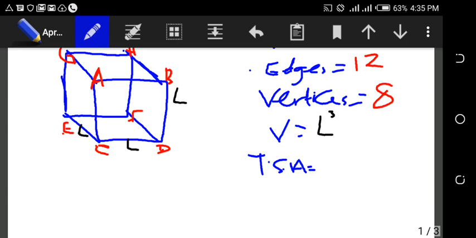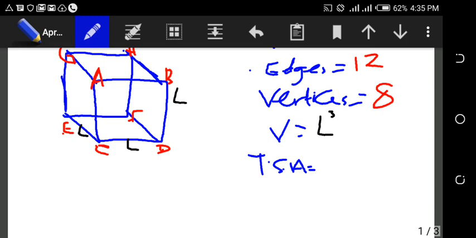Alright, now the next one that we'll consider is the total surface area. The total surface area of any shape is gotten by adding up all the faces, in this case the areas of the flat surfaces around the shape. When we add them all up, that will give us the total surface area. When we go to other shapes like cylinders and cones, you'll see how we can calculate their surface areas.